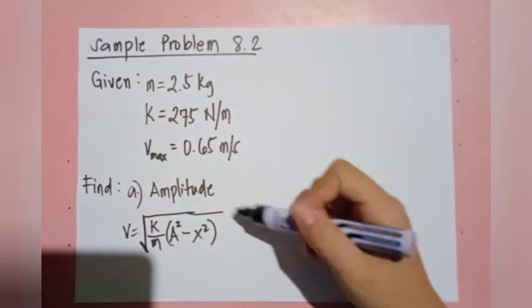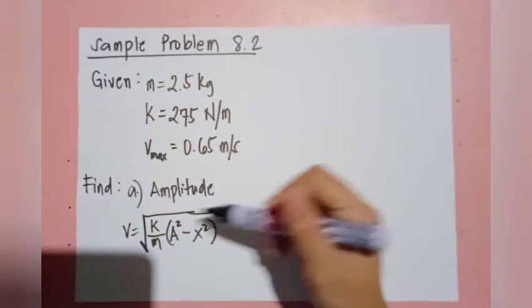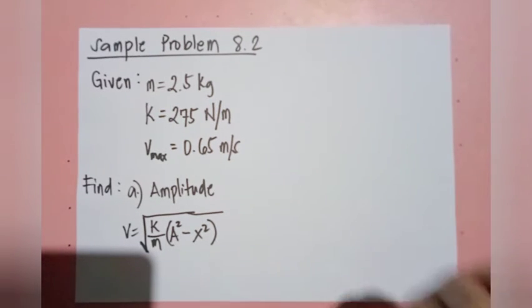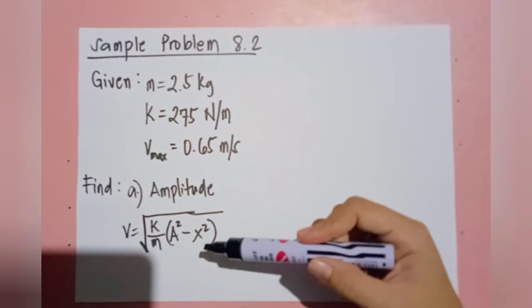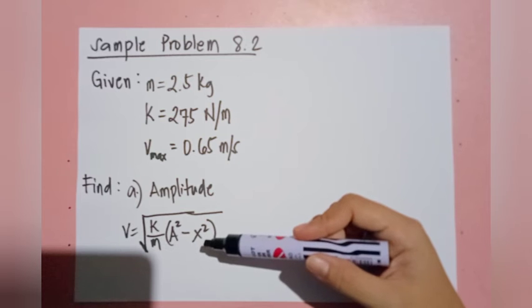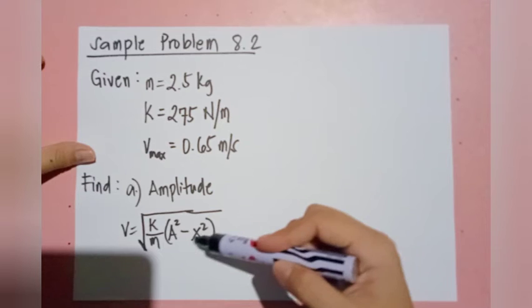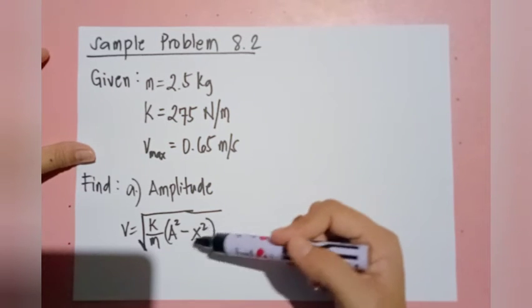So from here, as we said, the velocity of the oscillator will be maximum if x is 0. That means this one right here will be equal to 0.